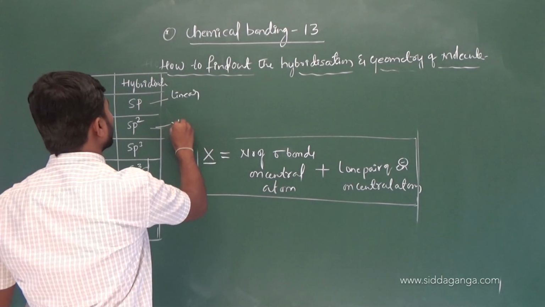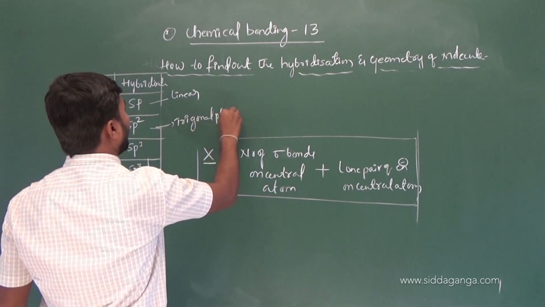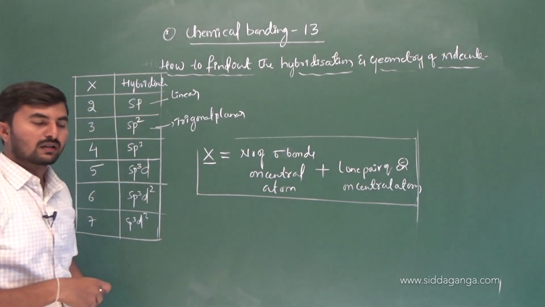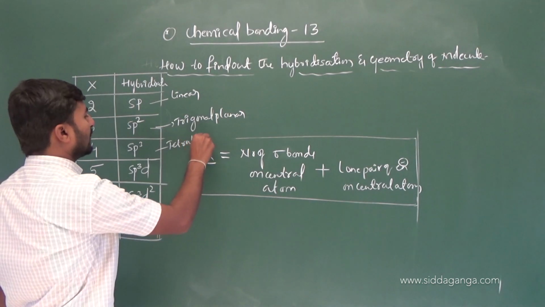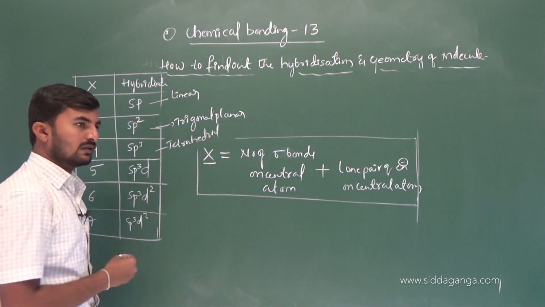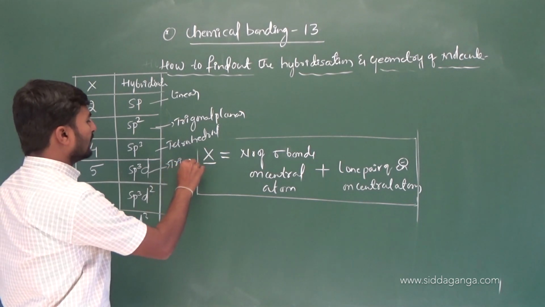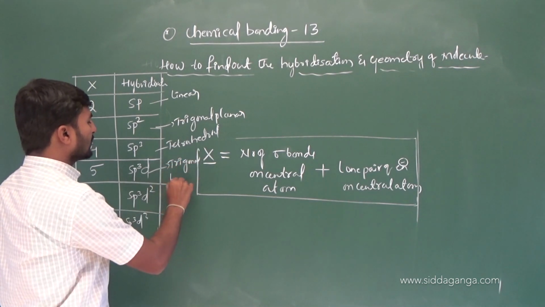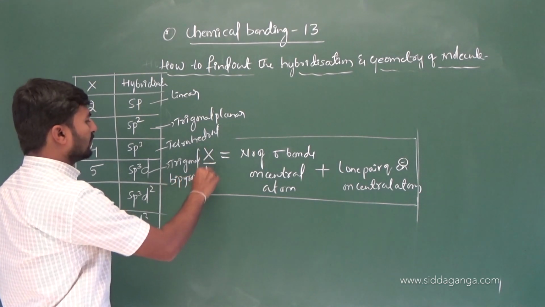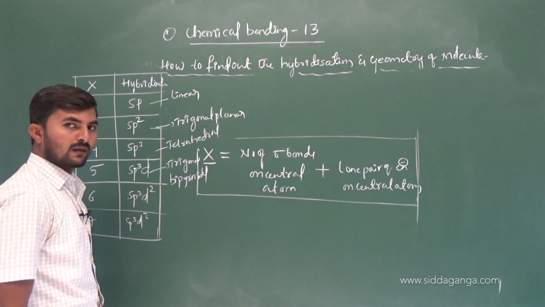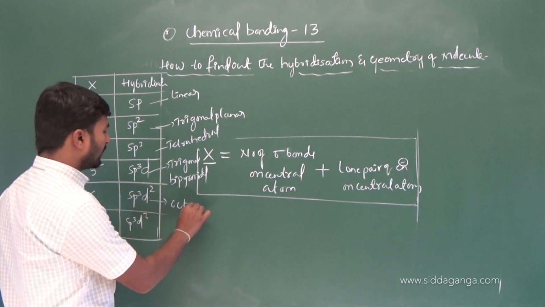If it is sp3, it exhibits tetrahedral geometry. If it is sp3d, it exhibits trigonal bipyramidal geometry. Suppose it has sp3d2, octahedral geometry.